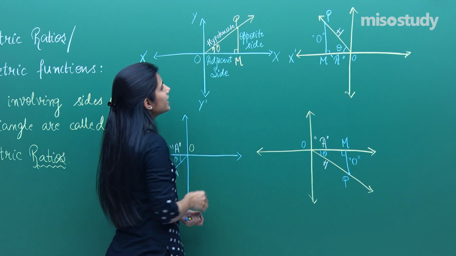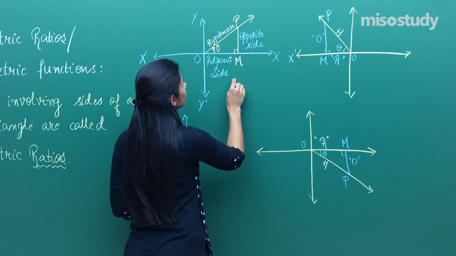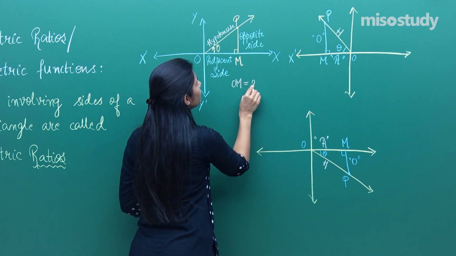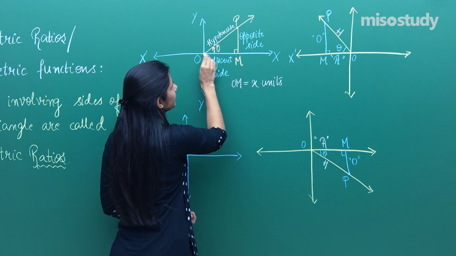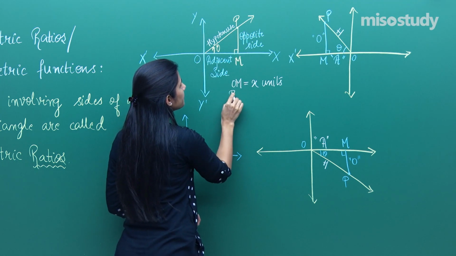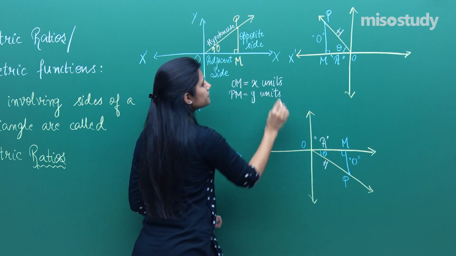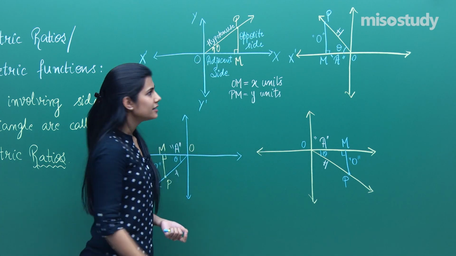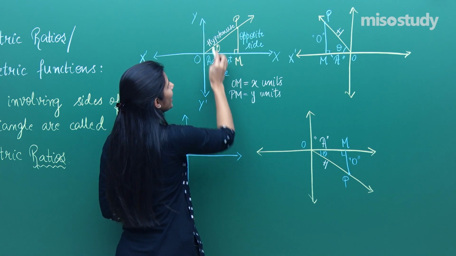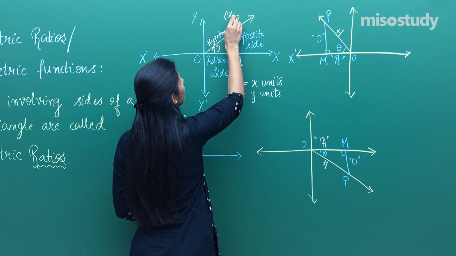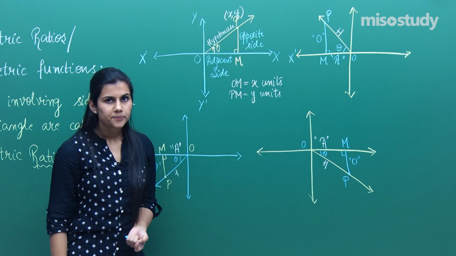Well, over here, if you take the length of OM to be equal to, say, x units, and the length of PM to be equal to some y units, suppose this is what you take, in that case this is your x units, these many are your y units, and therefore P becomes the coordinate x, y.